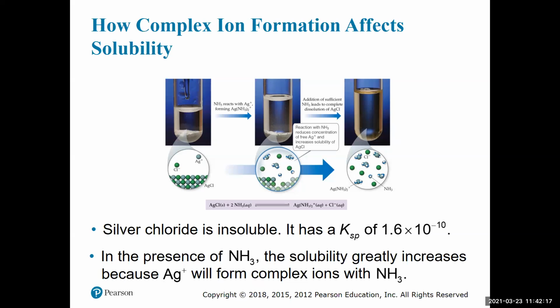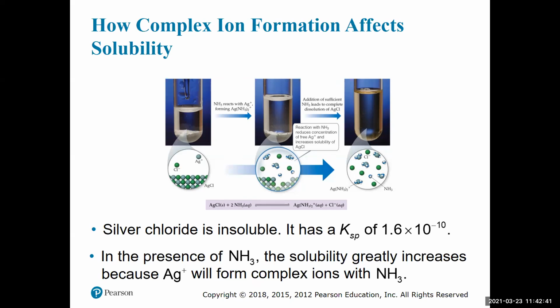Notice I said that it's usually silver nitrate that you use. The other thing you do is acidify the solution. The reason why is we see here what happens if this silver chloride is in the presence of ammonia. We get a silver ammonia complex that forms, and that complex solubilizes something that was essentially insoluble.